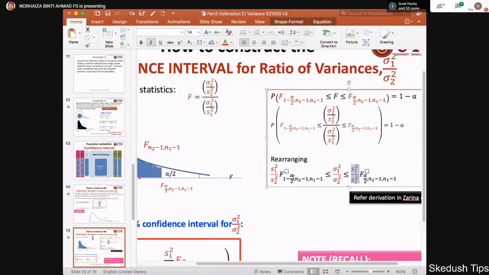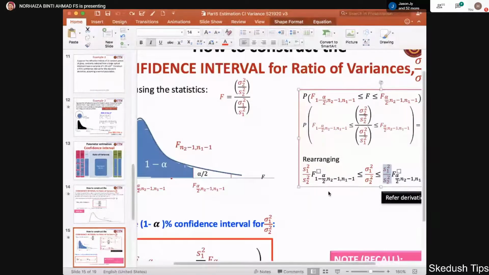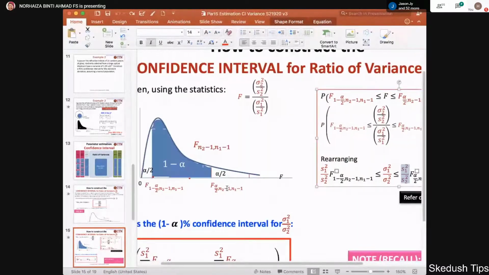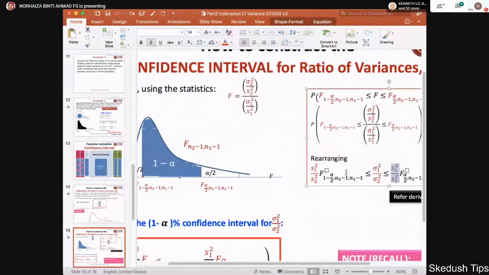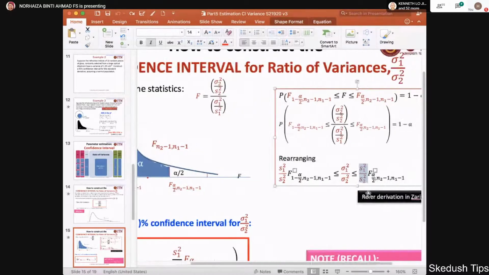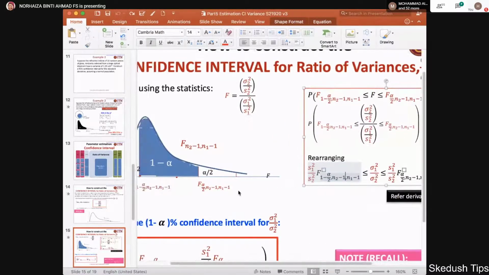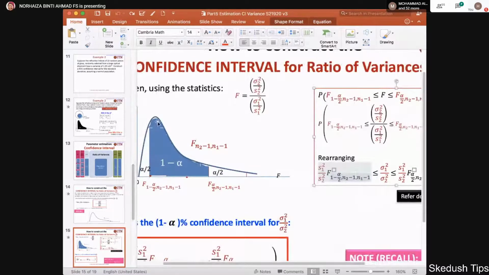Since we don't have a denominator here, it's only the numerator. The smaller value of F is going to be my lower limit, and the bigger value of F is going to be my upper limit. Notice that for my F distribution, I'm still going to use this 2, 1, because that is what I used to construct my confidence interval.